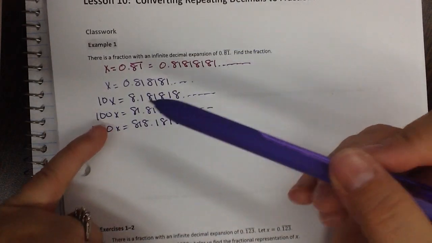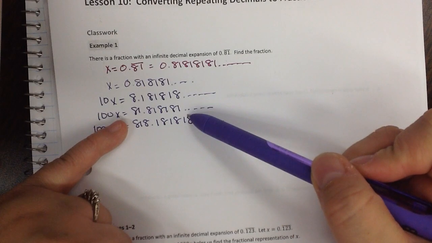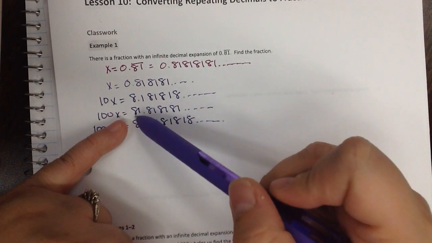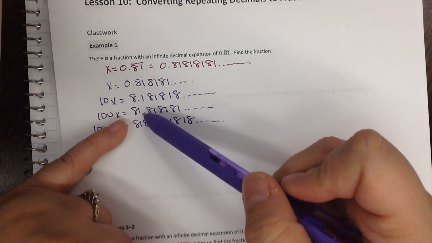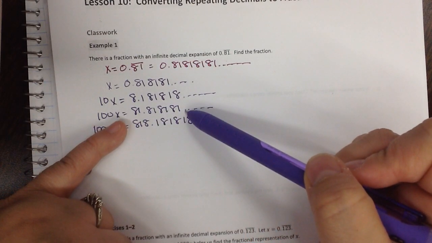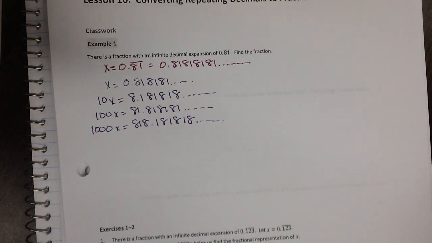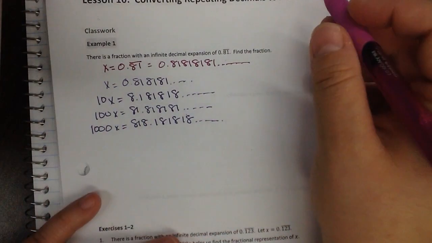If we look at 100x, what do you notice over here? That the 81 is in front of the decimal, and then it starts again. So, I'm going to write this over here.